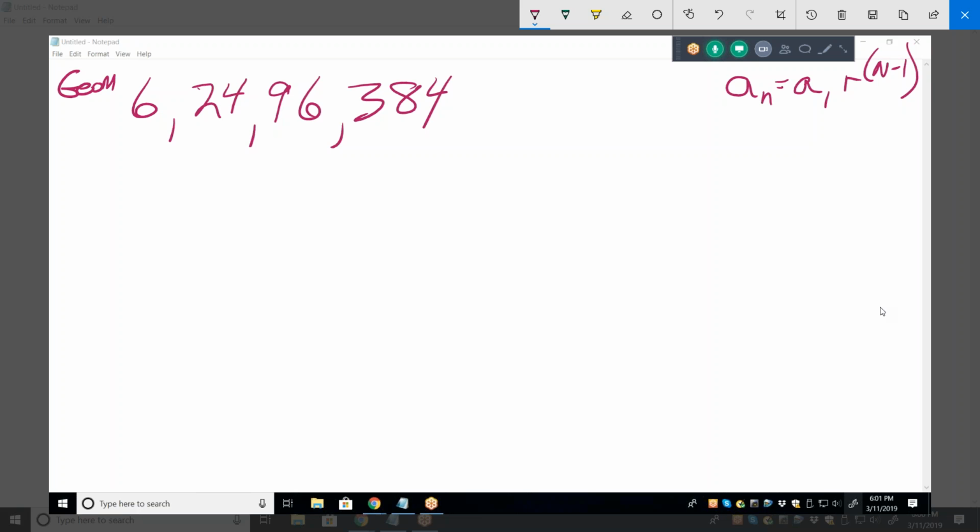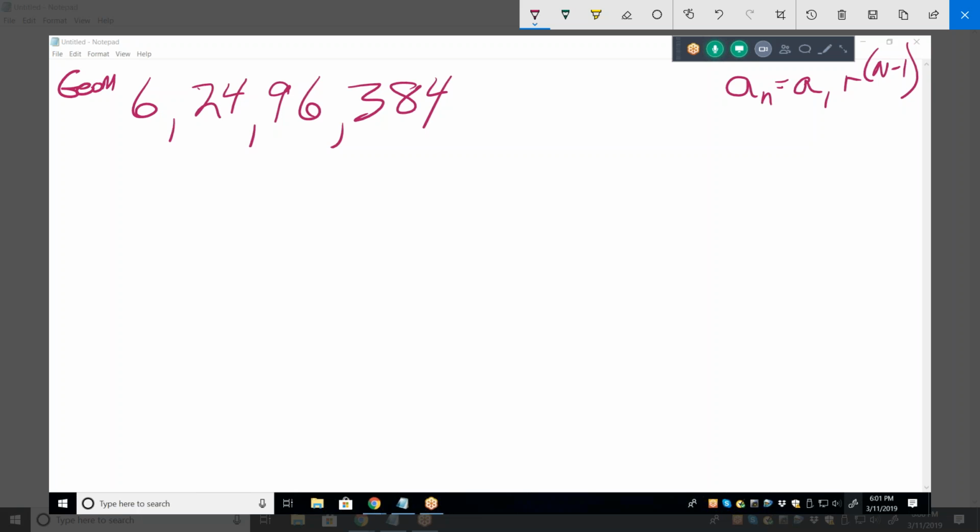Okay. What would your explanation be? Every term. Every term is multiplied by 4. I would say every term is a multiple of 4 over the previous term.